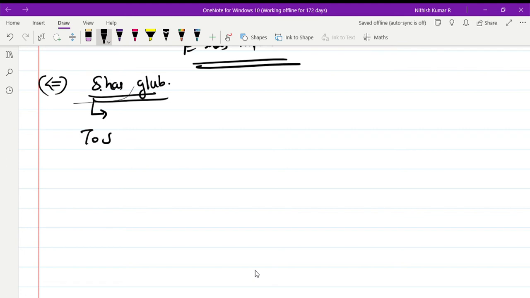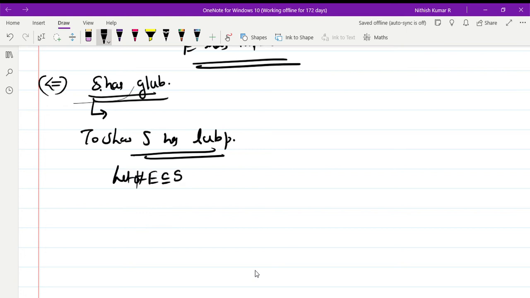To show S has the least upper bound property, we shall show that every subset of S which is bounded above has supremum. Let E be a non-empty subset of S which is bounded above in S. By showing this E has supremum, we get that every non-empty subset of S which is bounded above has supremum, which implies S has the least upper bound property.